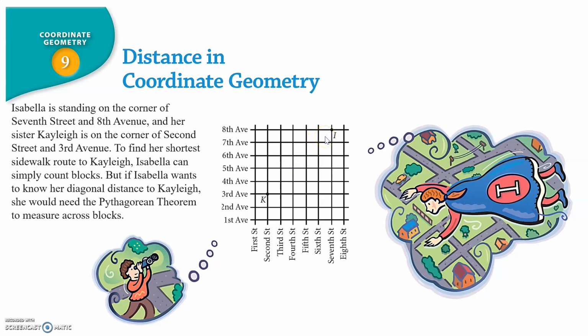But if Isabella wants to know her diagonal distance, she would need the Pythagorean theorem. So Isabella can get to Kaylee by counting 1, 2, 3, 4, 5 blocks plus another 6, 7, 8, 9, 10 blocks. But if they want to go diagonally across, like a bird would fly, you'd have to use the Pythagorean theorem.